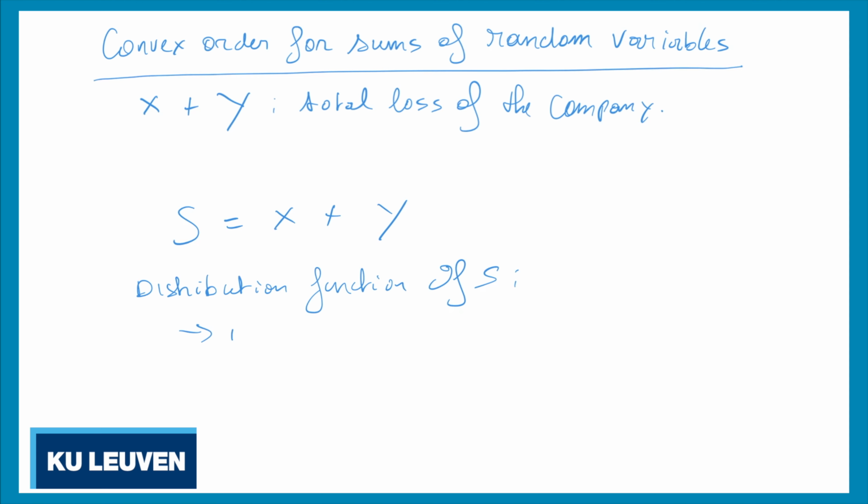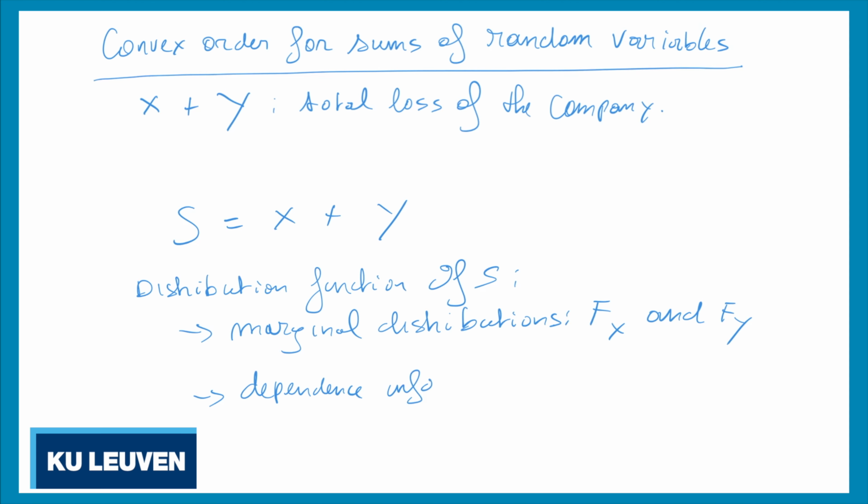We need the marginal distributions, which we denote by Fx and Fy, and we need the dependence information, or as we have shown in chapter 3, the copula that couples the marginal distributions to get the joint CDF.